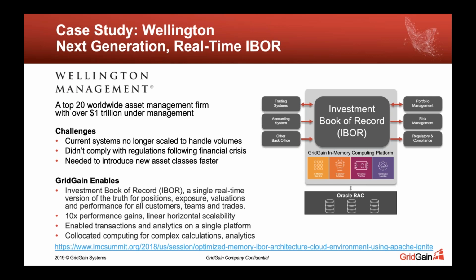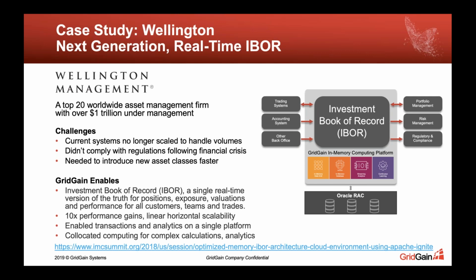But Wellington, who's one of the top 20 global asset management firms, they've got about $1 trillion under management. They use the Lambda architecture that they've deployed entirely in AWS. So their challenge was they had so much exploding sizes of financial data, they needed to scale horizontally.